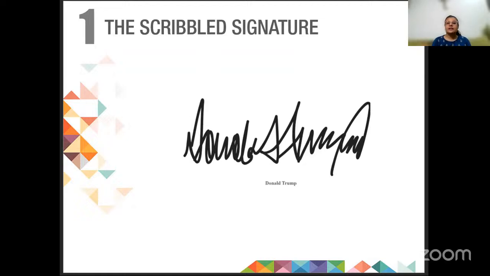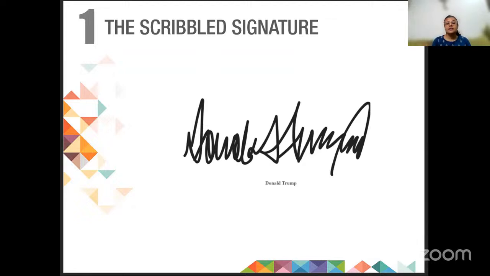The scribble signature is one of the most common signatures. Most people are using this kind of signature. What we understand from it: first, we are not able to read it. Second, their brain is very quick, meaning their brain and hand coordination is different, the brain is quicker than their hands.